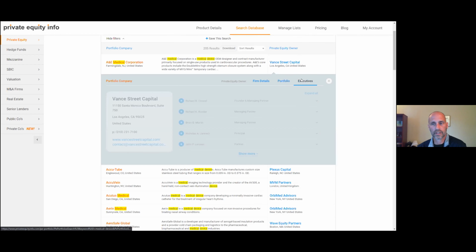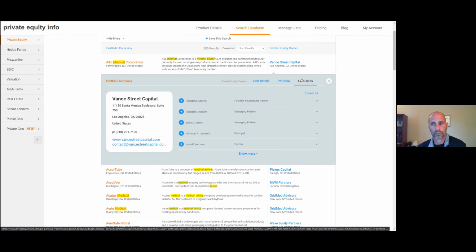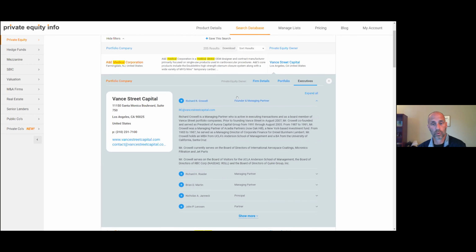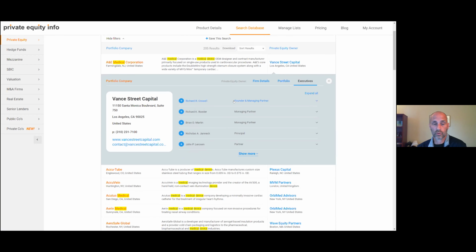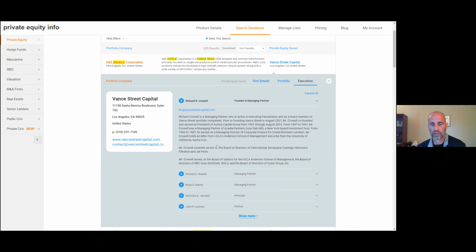And then we can look at the key executives at that private equity firm. And again, all of these accordion down as well. And so you have name, title, email, and bio. Okay. So the idea is you want, ideally, a lot of times in their bios, it'll say who holds the board seats, like in this case.